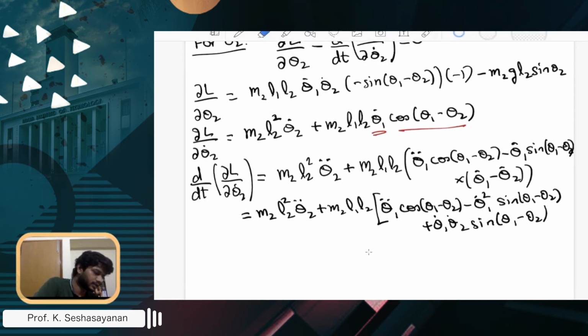So now all one has to do is to equate these two terms. Try to do it here itself.